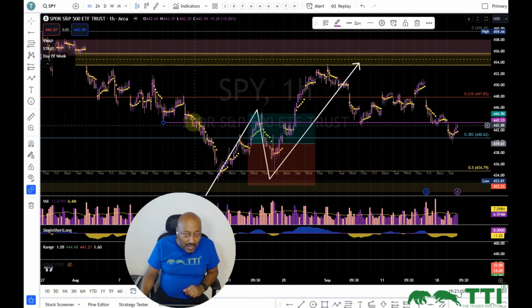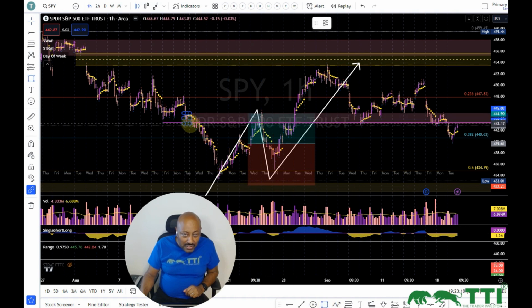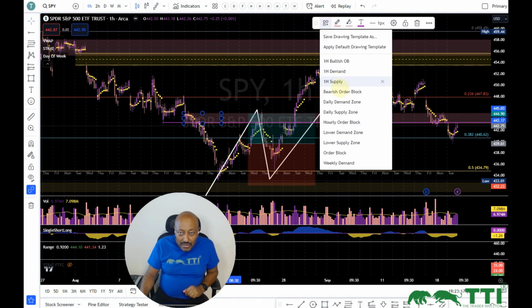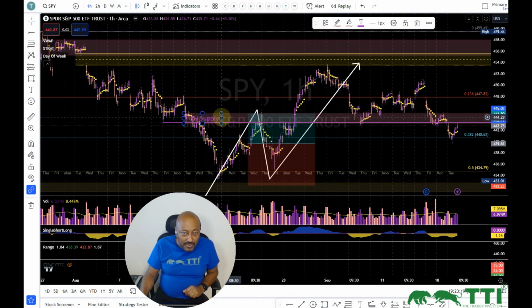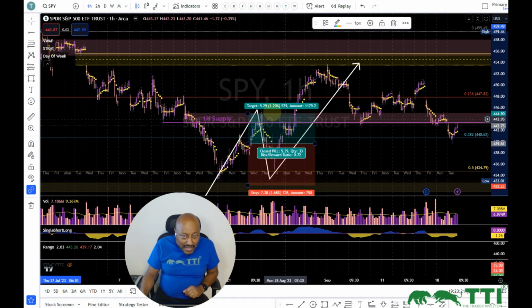Or if you want to draw a supply zone, remember fall, sideways, fall, that becomes your supply zone, the 1 hour supply zone. And exactly at that spot is where you have your exit.